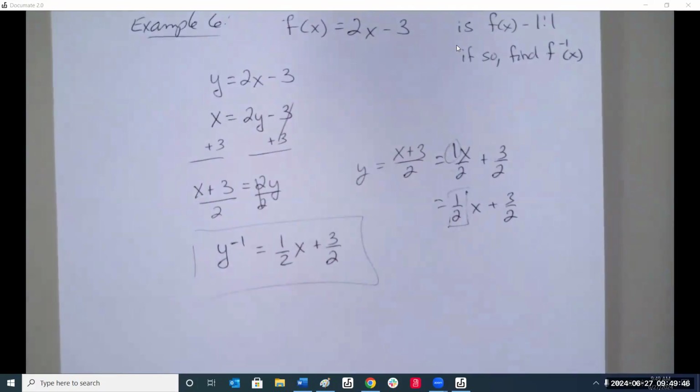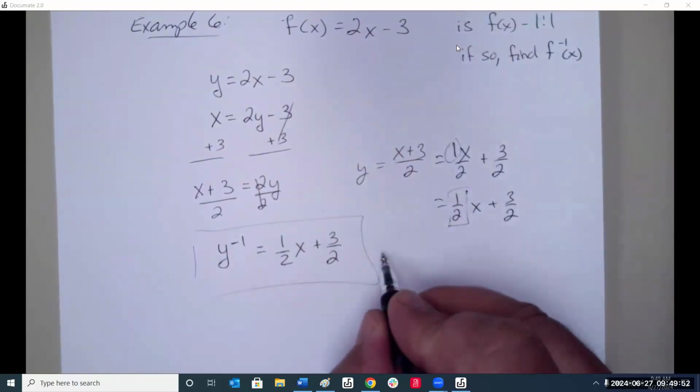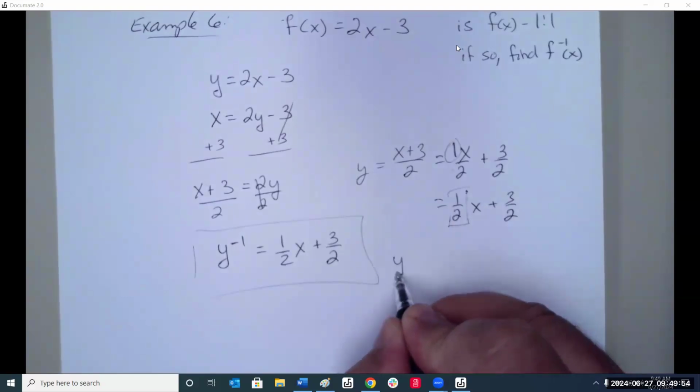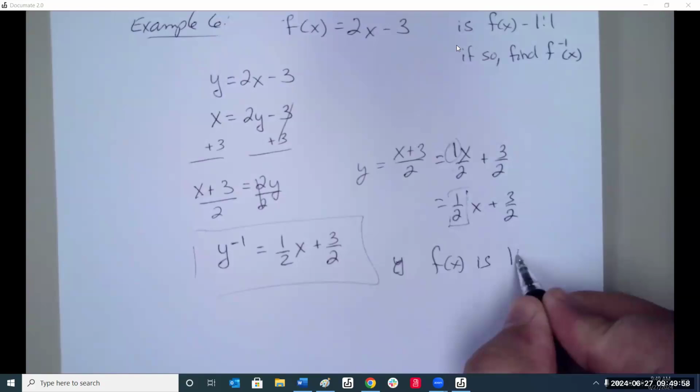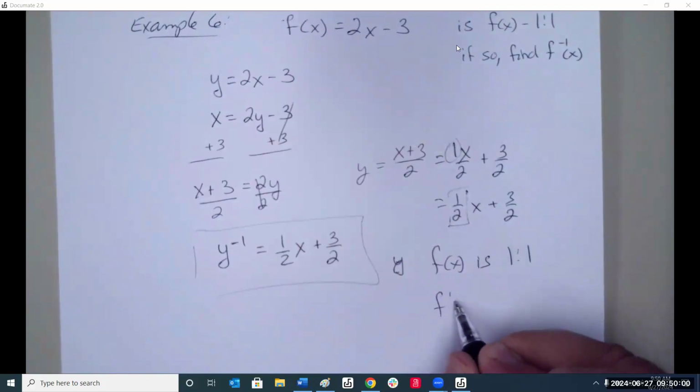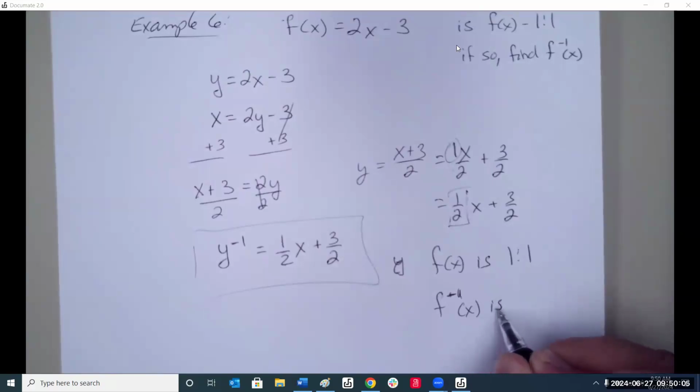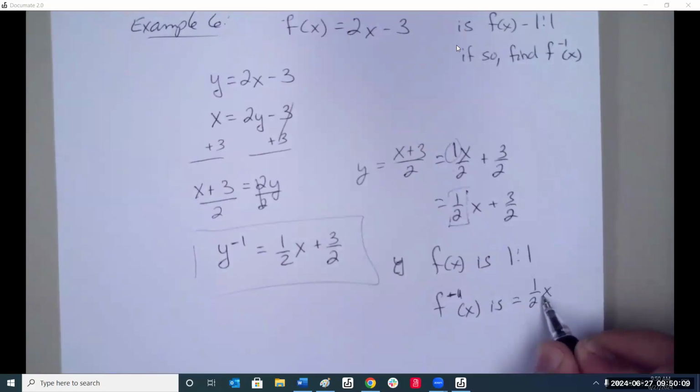Guys, I'm glad you asked that question. So it is one-to-one. F of x is one-to-one, and the inverse is equal to 1/2 x plus 3/2.